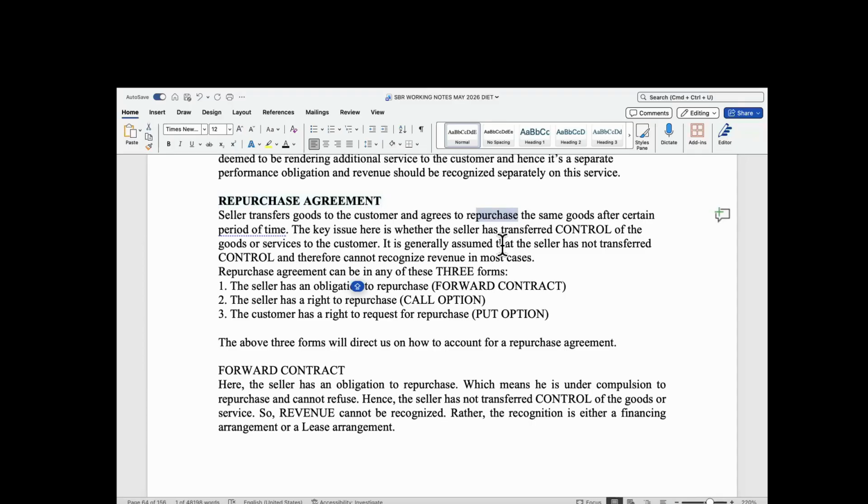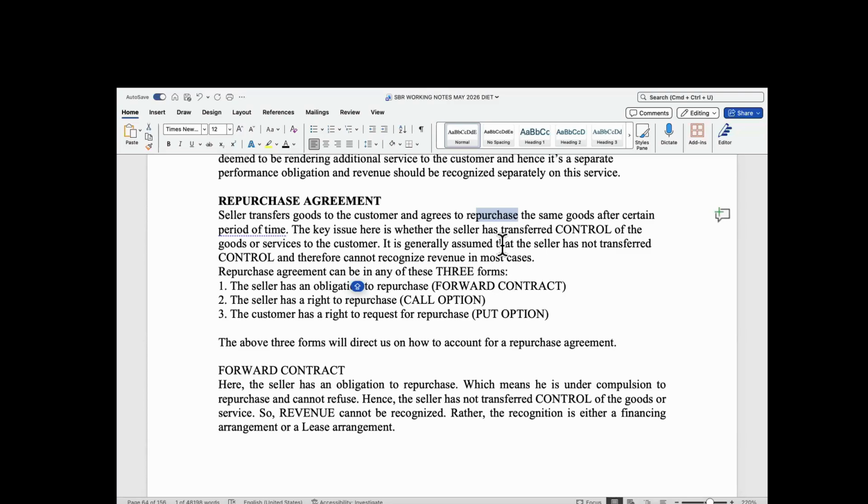That's the key accounting issue. Now, generally, anytime a repurchase agreement is present, it's always assumed that the seller has not transferred control, because the seller wants to repurchase.